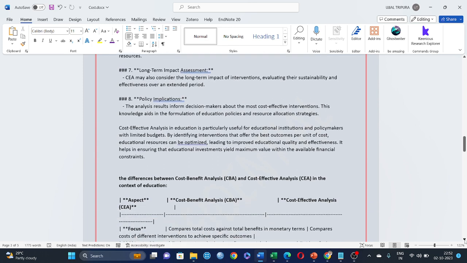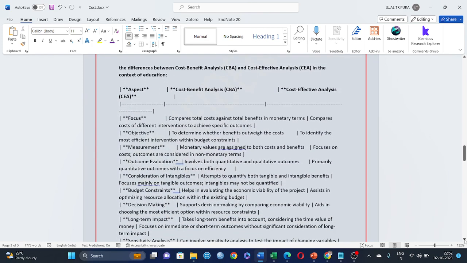Now we will see the differences between cost effective and cost benefit. The focus area of cost benefit is to compare total cost against total benefit in monetary terms. But cost effective analysis compares the cost of different interventions to achieve specified outcomes.